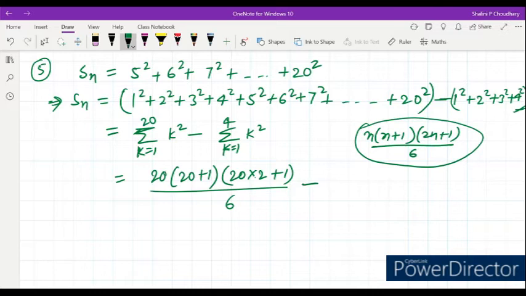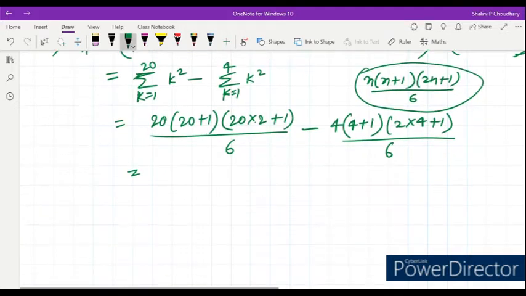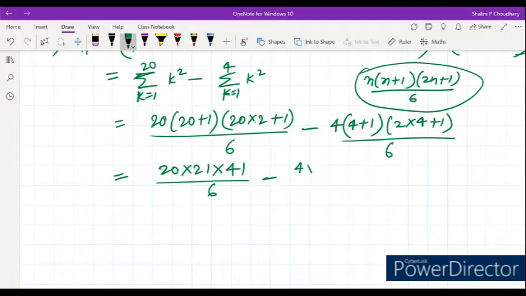And minus summation of k square till 4, here also we'll apply the same formula, but the value of n will be 4: 4 into 4 plus 1 into 2 into 4 plus 1 divided by 6.